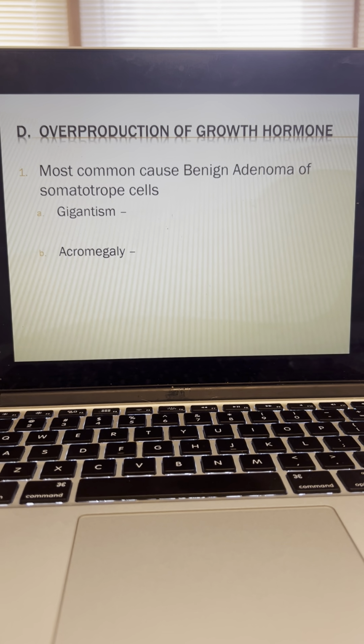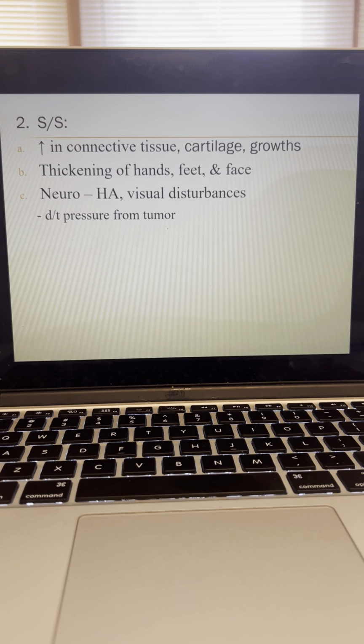Signs and symptoms. This is going to be signs and symptoms of acromegaly, because we know the signs and symptoms of gigantism are that you're excessively tall and large. So there is an increase in their connective tissue and cartilage, with a thickening that occurs of the hands, feet, and face.